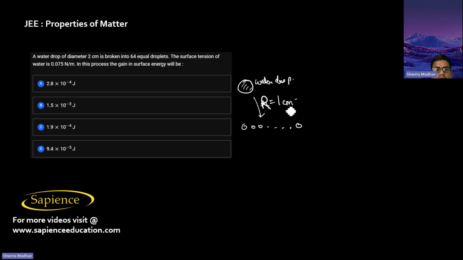The surface tension of the water is 0.075 newton per meter. Then it is asked, in this process the gain in surface energy will be.